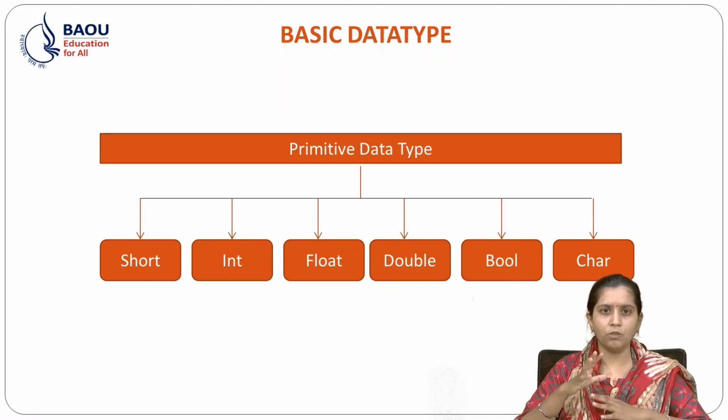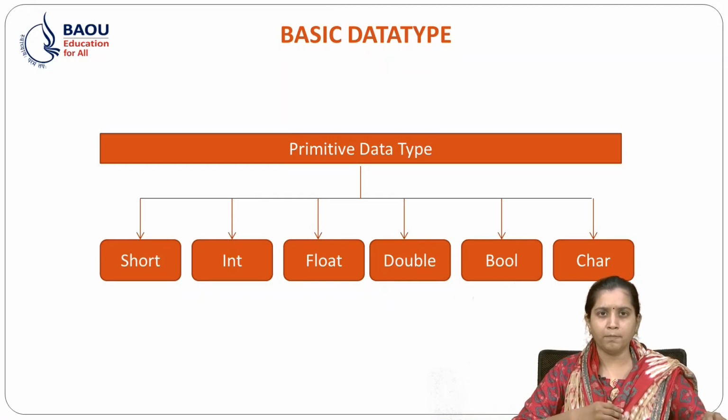Integer is used to store whole numbers without decimals. It has a size of 4 bytes only. For example, int x is equal to 10 or y is equal to 37. If we want to declare this type of variable, then we will use the integer data type.